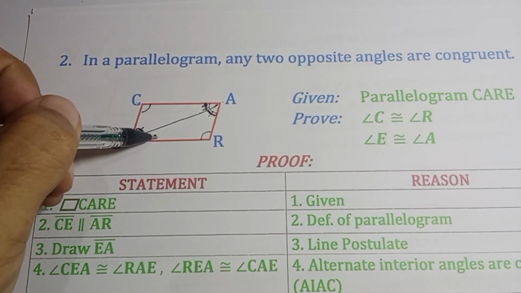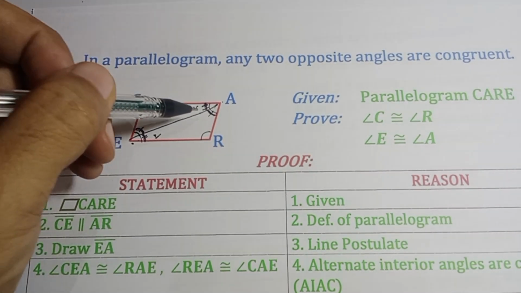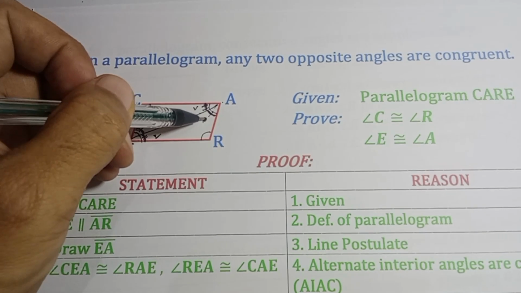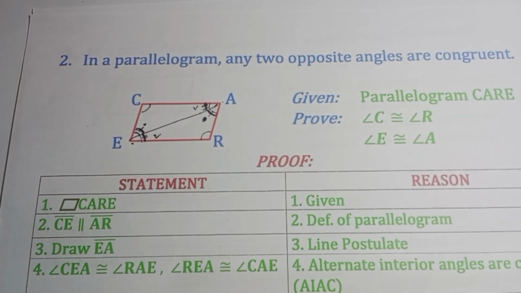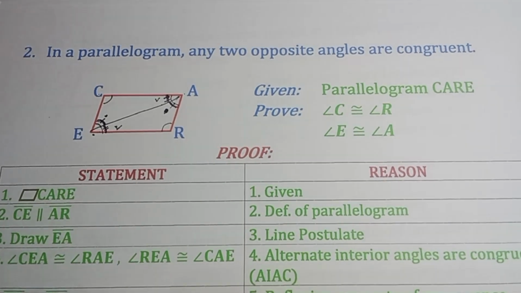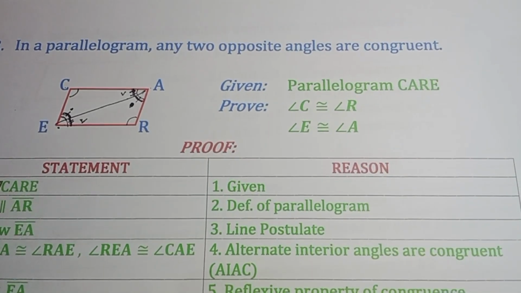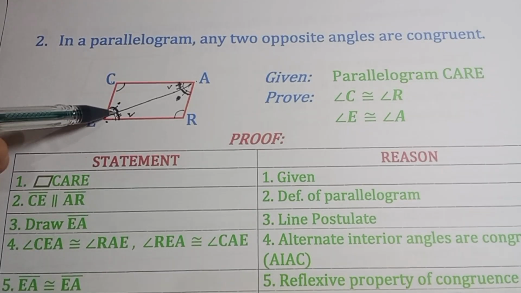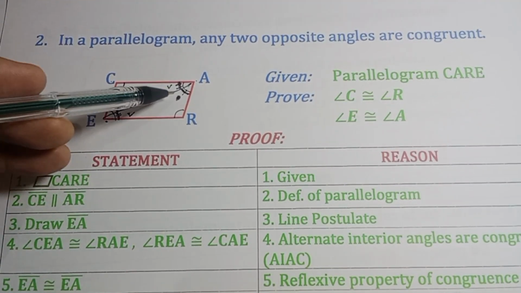So these are congruent and these are congruent. Right, so that is alternate interior angles are congruent. Okay, again, alternate interior angles are congruent. We can use this again as our statement.